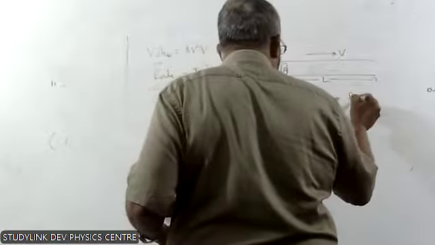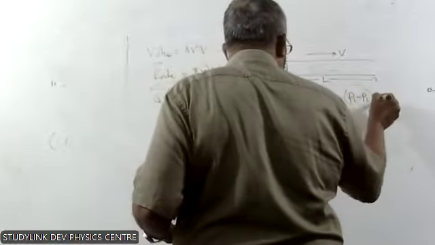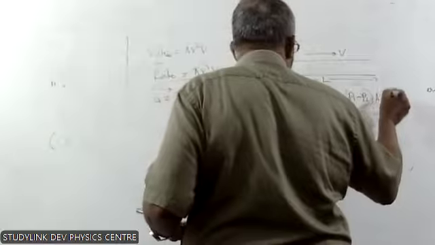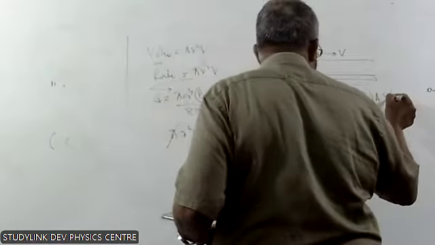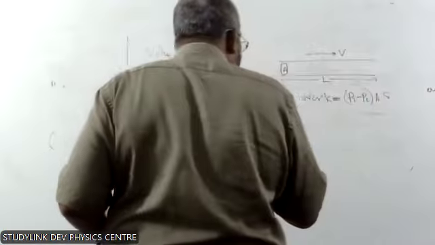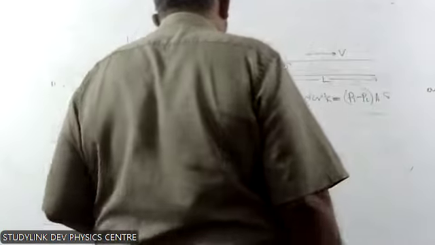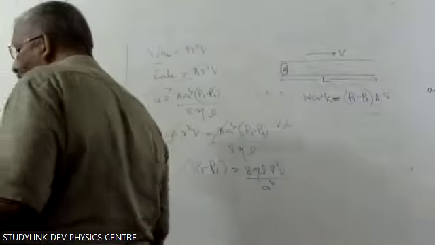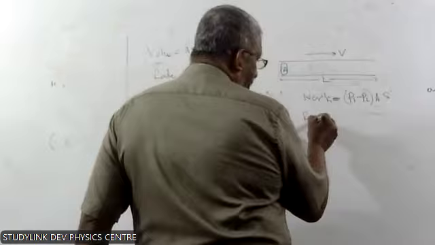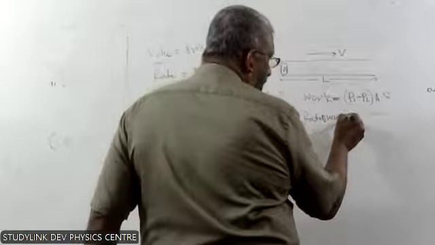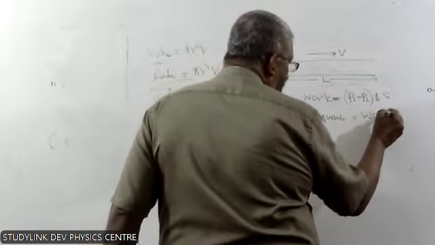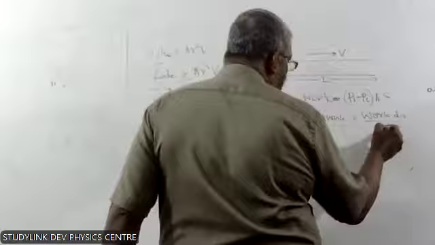We got (P1 minus P2) into A as the force, into the distance as S. Same situation. Rate is concerned, so rate of work done is work done divided by time.